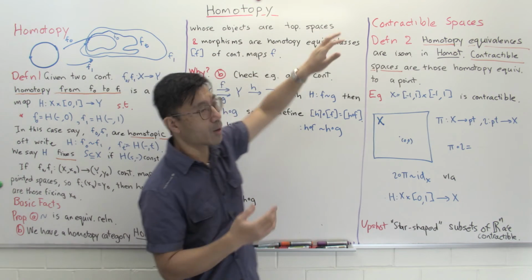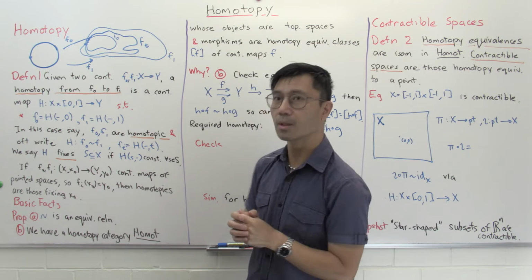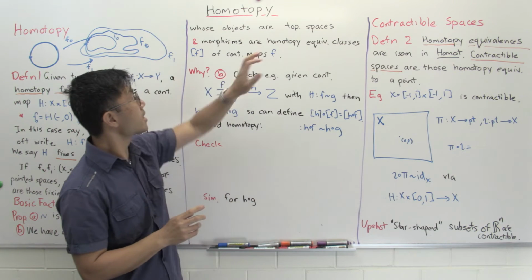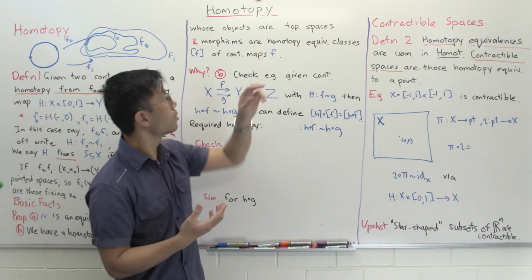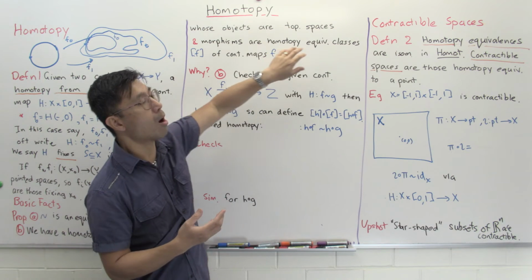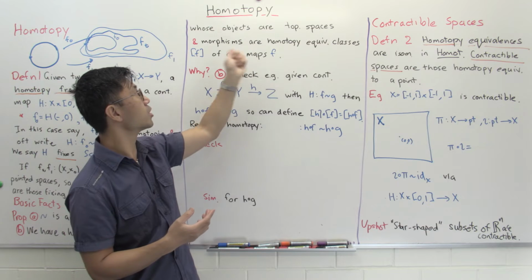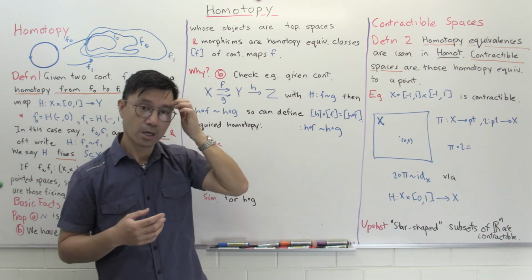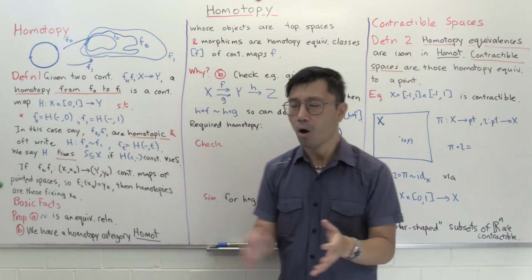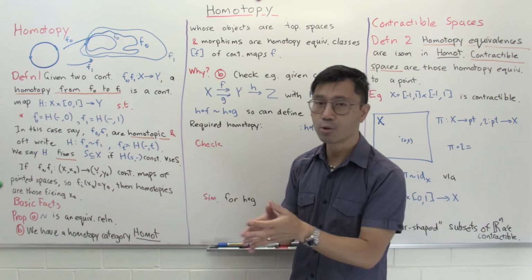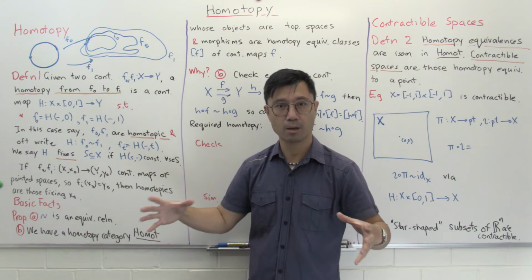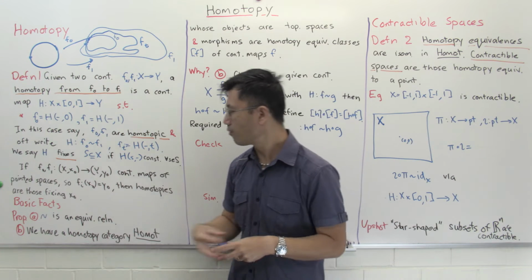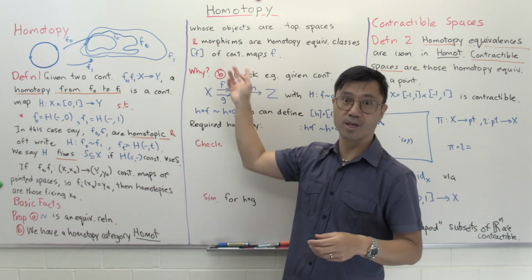The objects are just topological spaces again. The morphisms now are not just continuous maps, they're going to be homotopy equivalence classes of continuous maps. That means we're identifying all those continuous maps which are, in a sense, continuous deformations of each other. So you've lost some information when you go to this.